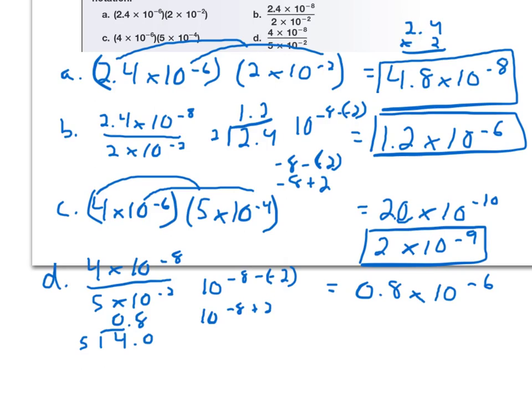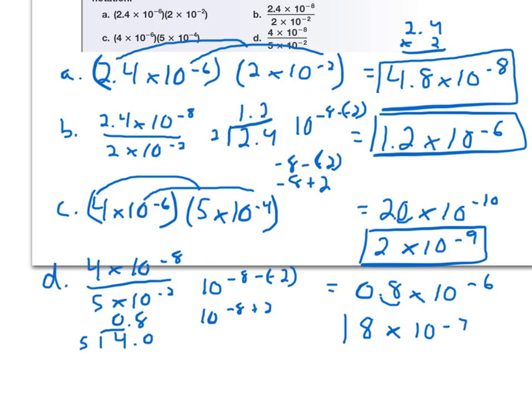Now, this number is not in scientific notation because this first number is not between 1 and 10. So we need to adjust this so it is between 1 and 10. So we're going to move it so that it says 8 times 10 to some power. And when we move this decimal to the right, we have to make this exponent go down 1. Now think about what down 1 is from negative 6. If I'm at negative 6 and I go down 1, that makes it negative 7.